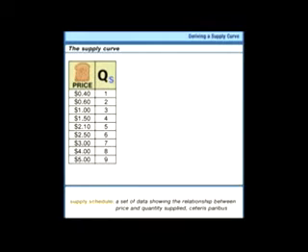I'll move this information over onto the board, and I'll put up axes here that I can use to graph the relationship between price and quantity for this baker. So on the horizontal axis, we will be measuring the quantity of bread that is supplied, that is, how much bread our seller is willing and able to offer for sale.